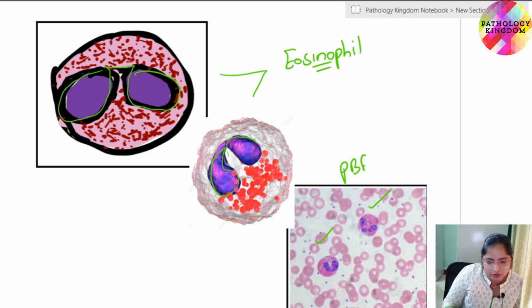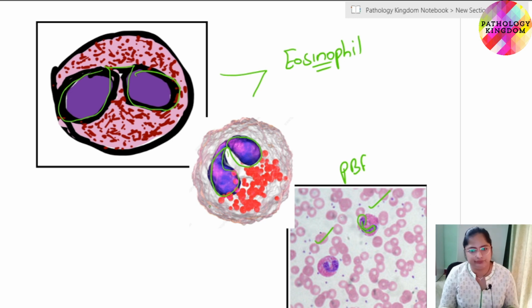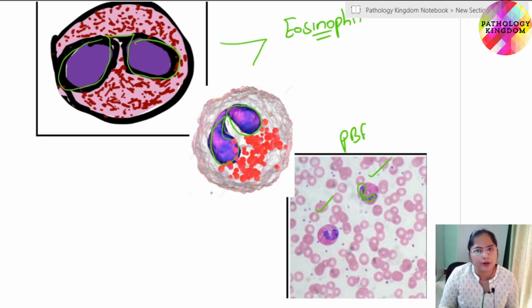It has 2 lobes, and these reddish structures are the granules. Fine reddish orange granules, and the cytoplasm is a shade of pink or blue. The most important point is granules. It will have fine reddish orange granules.